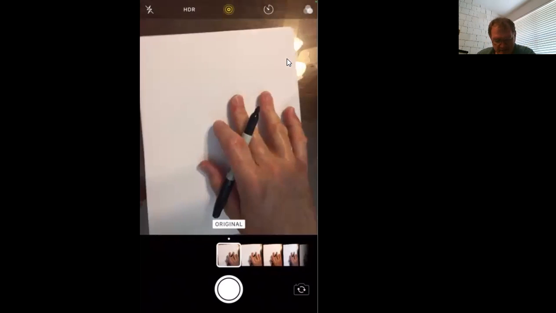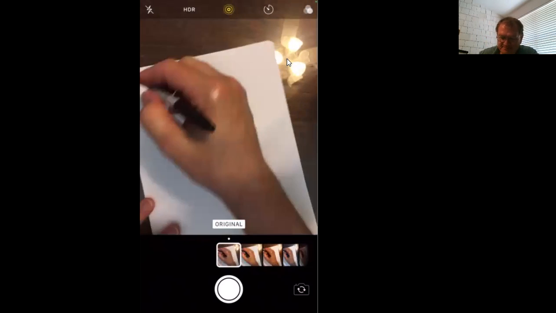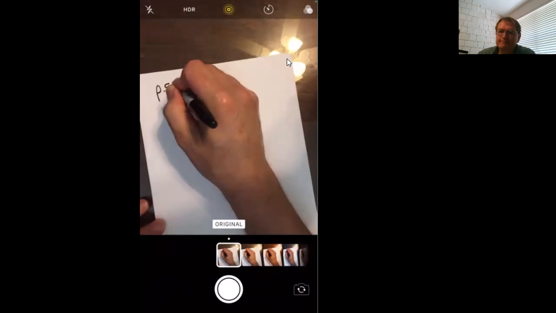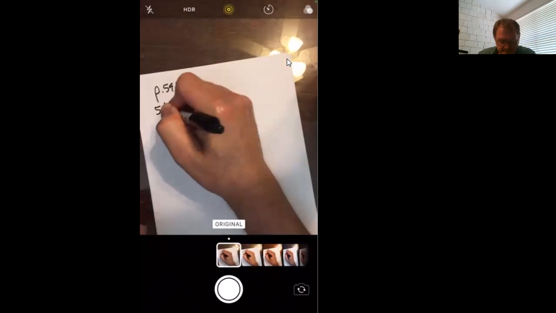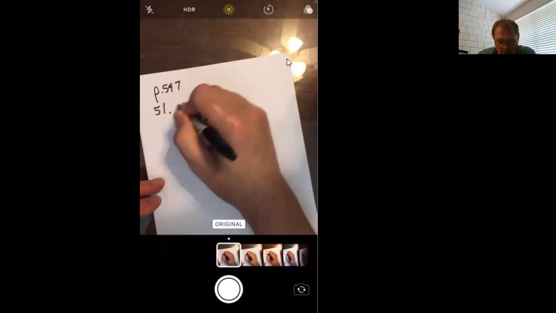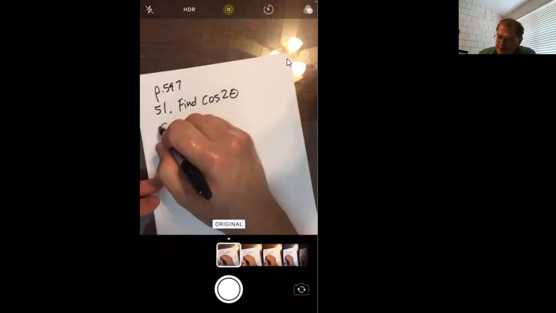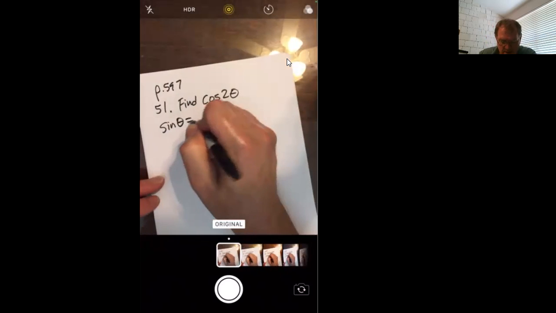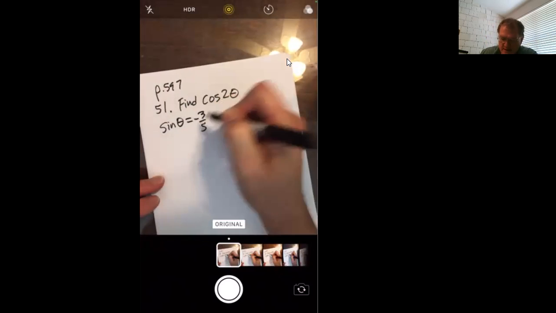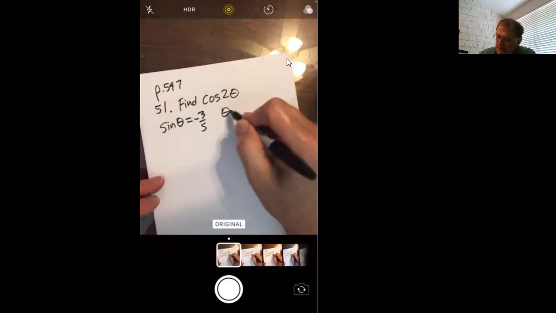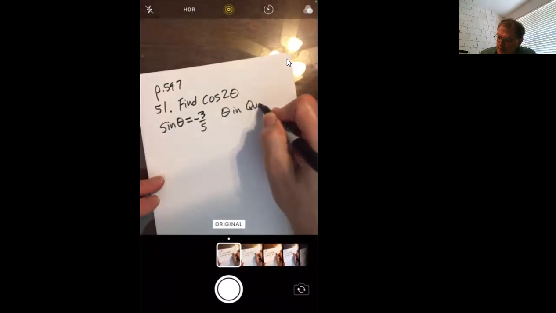Moving right along. How about 51? Find the cosine of 2 theta when your sine of theta is negative 3/5 and your theta is in quadrant 3.